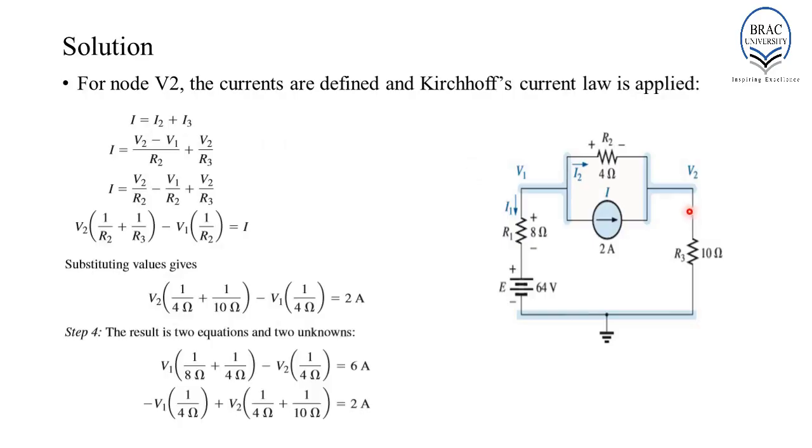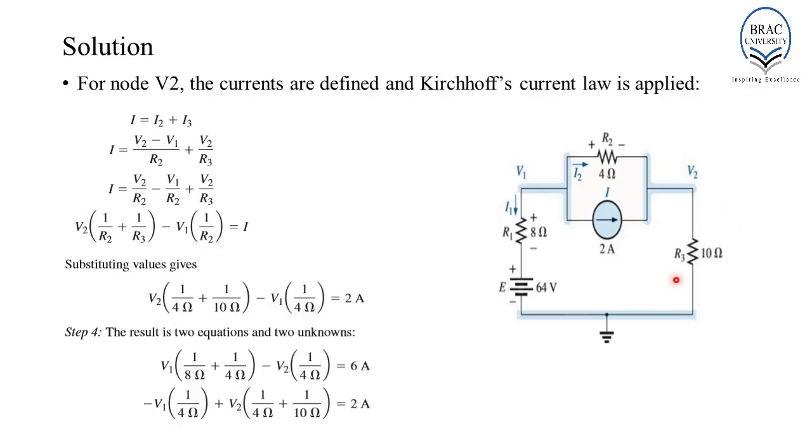I3 is the current flowing through R3. The voltage at this terminal of R3 is V2 and the voltage at this terminal of R3 is 0. So, the potential drop across R3 will be equal to V2 minus 0, which is basically V2.